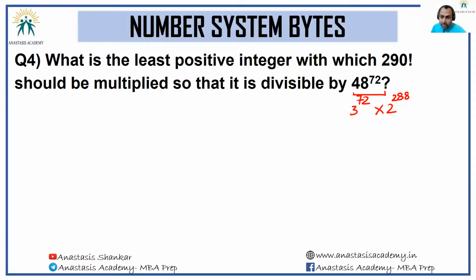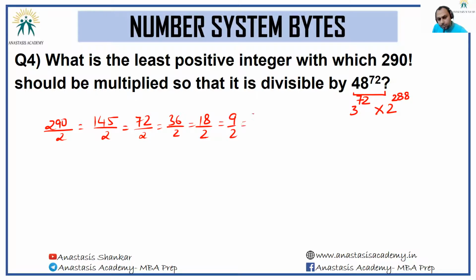So let's find out how many 2's are present within 290 factorial. The process is fairly simple. 290 by 2 is 145, by 2 is 72, 36, 18, 9, 4, 2, and 1.